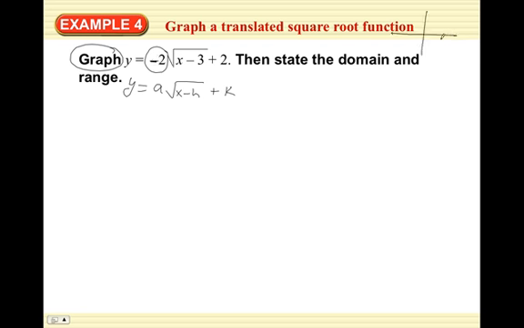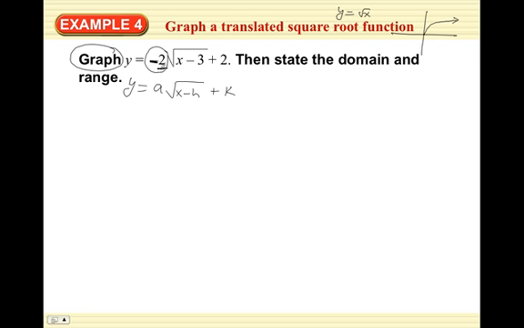So if I'm going to draw a rough sketch of this, this is a square root function. The original parent was y equals square root of x. Okay? That parent looks like that. Since that's a negative, it would be down here. That's a reflection.